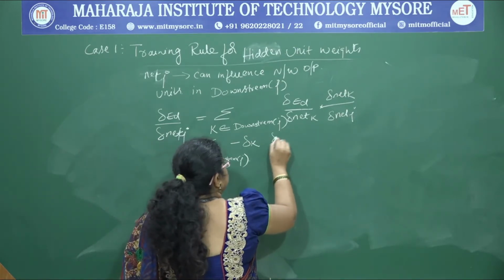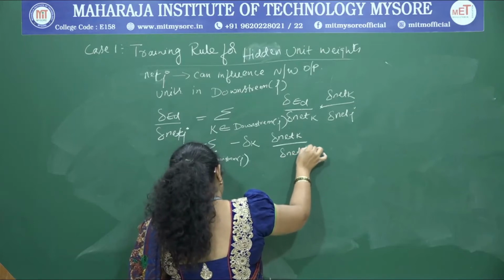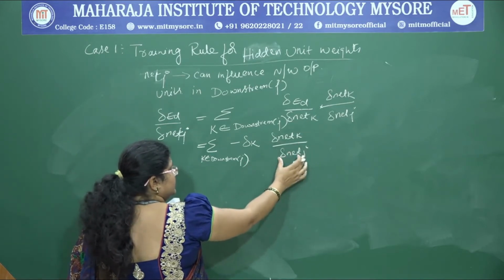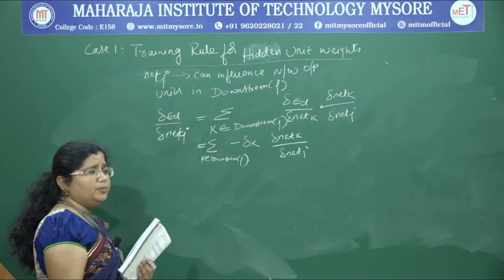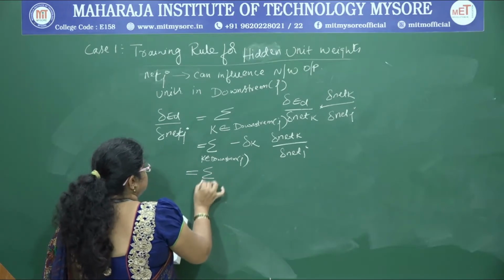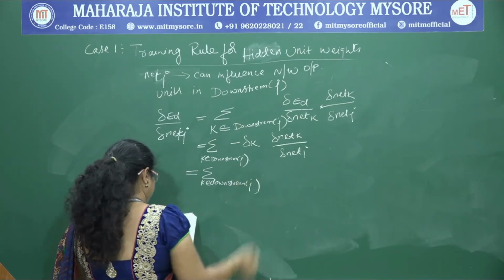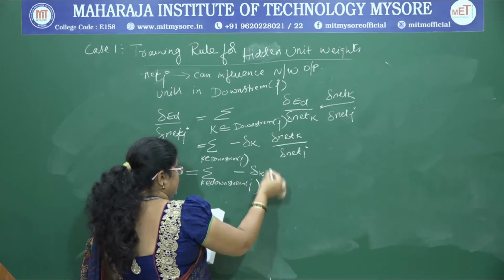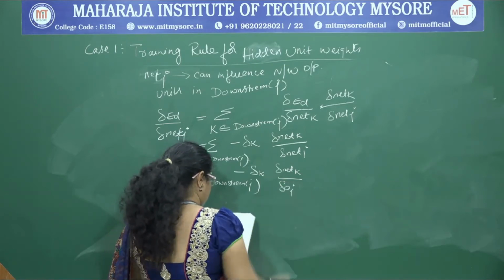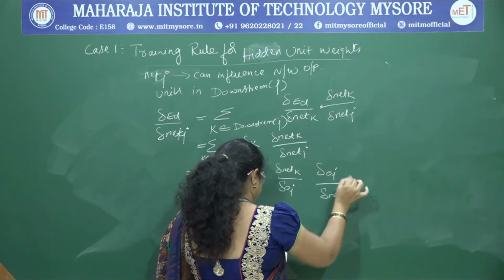Now delta net k by delta net j. We can write this with respect to the output of the jth unit as summation k belongs to downstream of j, minus delta k into delta net k by delta oj, multiplied by delta oj by delta net j.